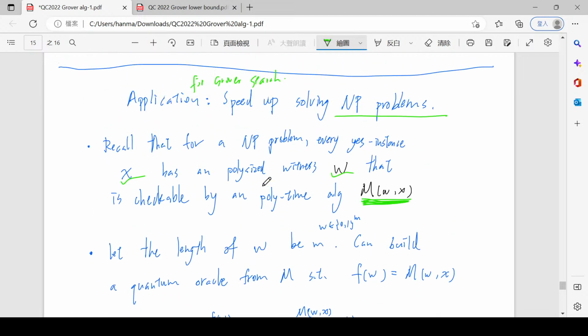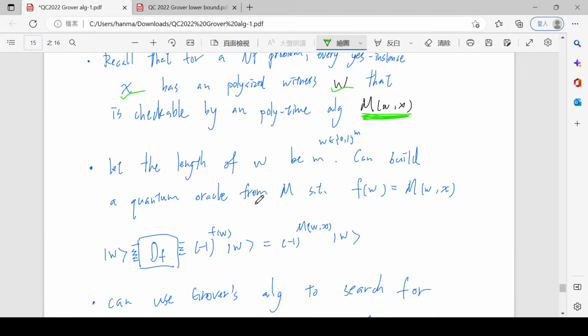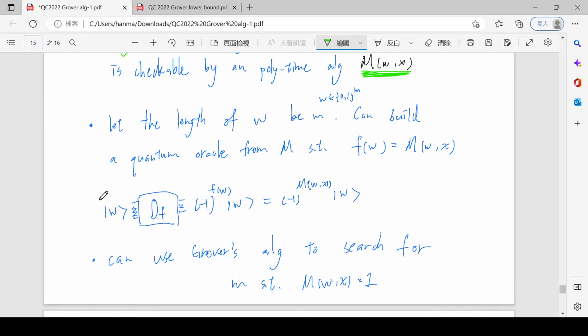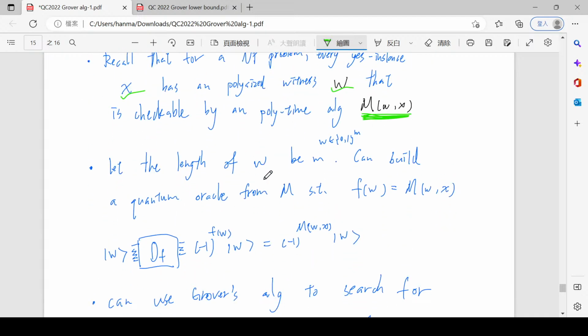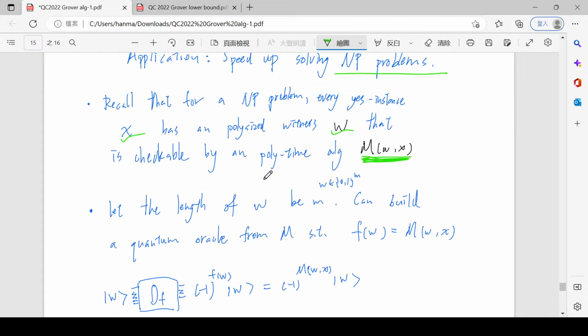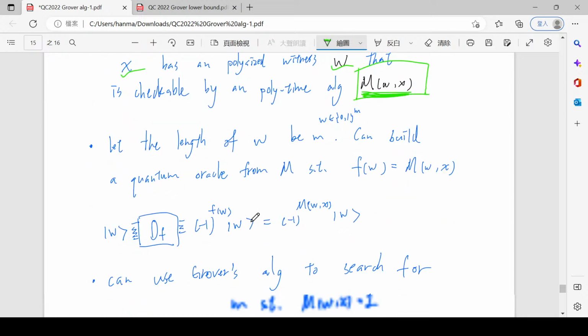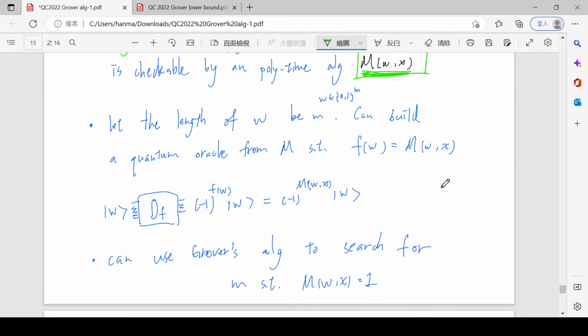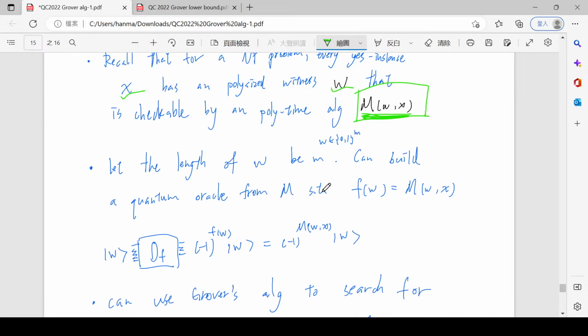So where is the quantum algorithm? The idea is that you can build this checking algorithm as a quantum circuit. We didn't quite show this, but remember there is a quantum gate, Toffoli, and Toffoli is universal for classical computation.